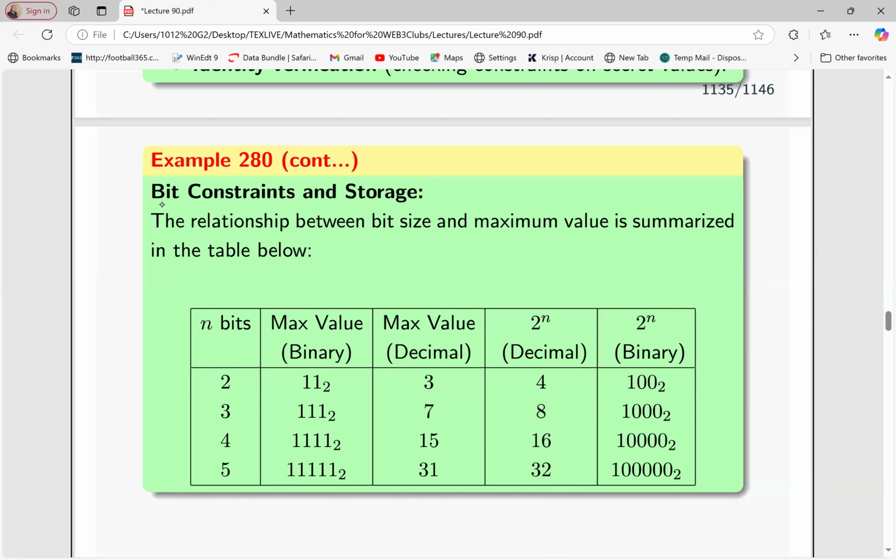Now look at this: n bits. 2 bits. What's the maximum value of 2 bits we can have? The maximum value of 2 bits is this, 1, 1. The maximum value of 3 bits is this. Now, what is this? Let me begin from here.